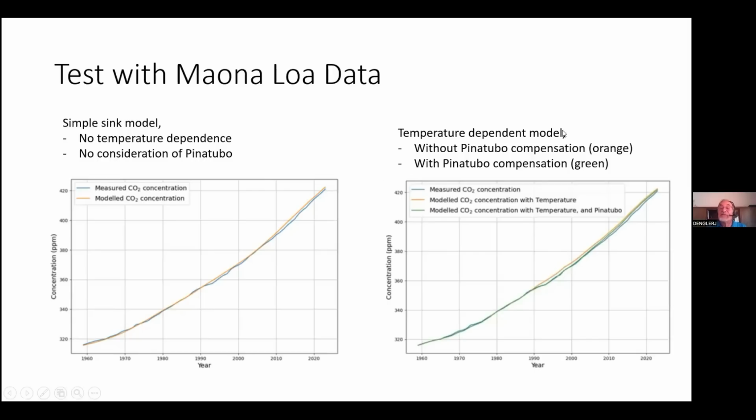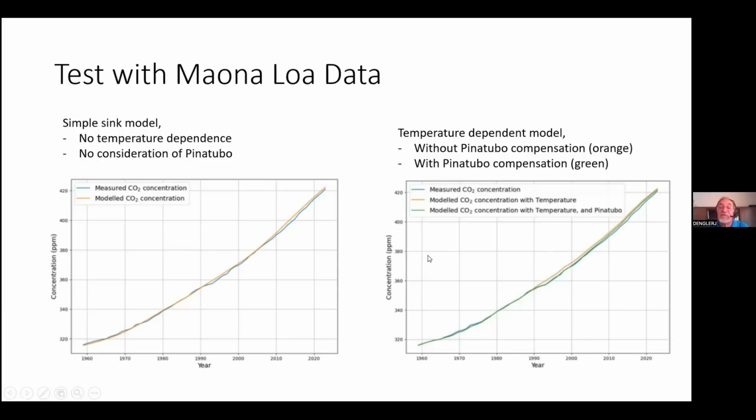When we introduce the temperature-dependent model, we first approximate with the orange curve. And what we see, there is a perfect fit until 1990. Then we get a deviation in 1990, and then it stays parallel with the actual concentration.